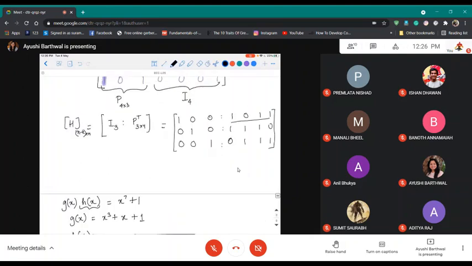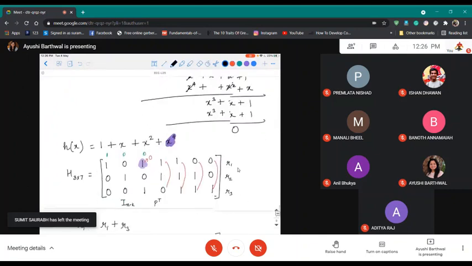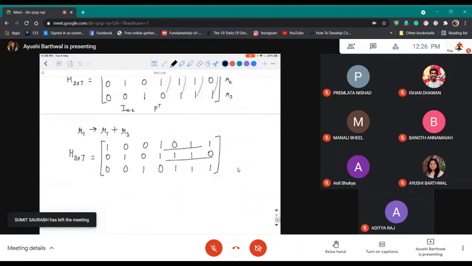1, 0, 1, 1, 1, 1, 1, 0 and 0, 1, 1. So hence it is verified that by using both the methods, we get the same parity check matrix, and error detection and error correction can be performed in a similar fashion as we did in linear block codes.